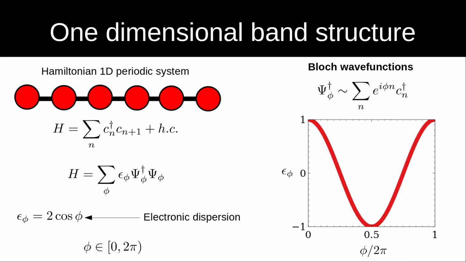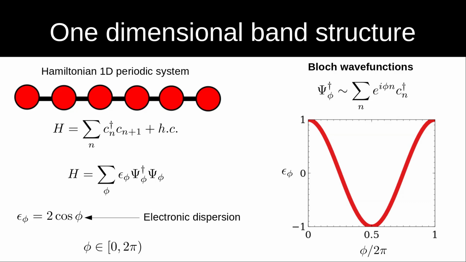So in practice, when we make this replacement of the original creation and annihilation operators in terms of the eigenstates, we get that our Hamiltonian is diagonal, written now in terms of psi dagger and psi, and the prefactor that we have is our eigenvalue, which is 2 times the cosine of phi. And you can very easily plot this relationship and you get essentially the dispersion of a one-dimensional tight-binding model.